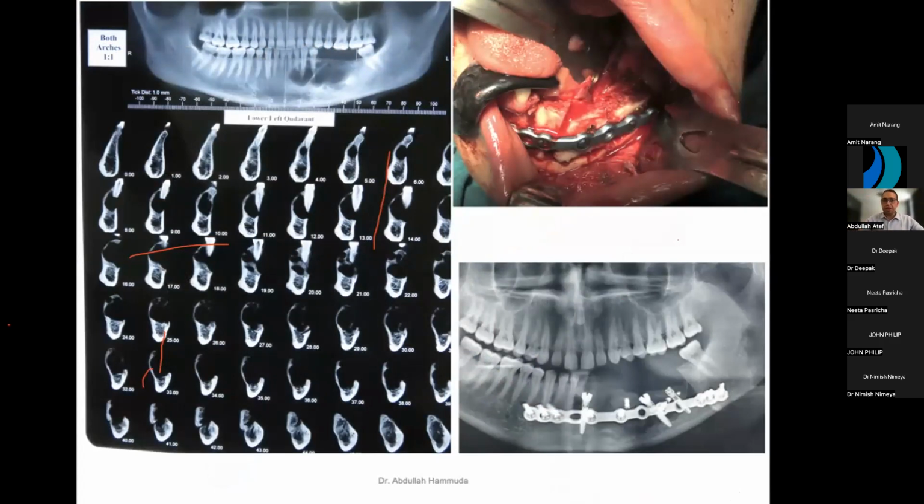We face some challenging cases, so I want to share with you one complicated case in rehabilitation. This patient was subjected to resection surgery, and we used reconstruction with a bone graft from the iliac crest, and then implant placement in one session.